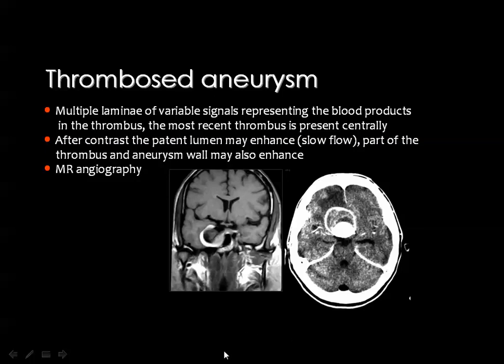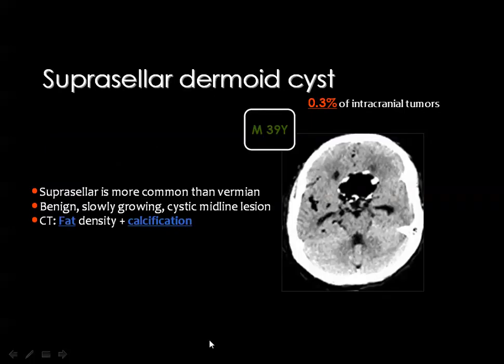And you remember that a giant aneurysm by definition is an aneurysm which is more than 2.5 centimeters in size. This is a giant suprasellar aneurysm. It shows a patent lumen and a thrombosed lumen showing different CT densities because of the different ages of the thrombus.